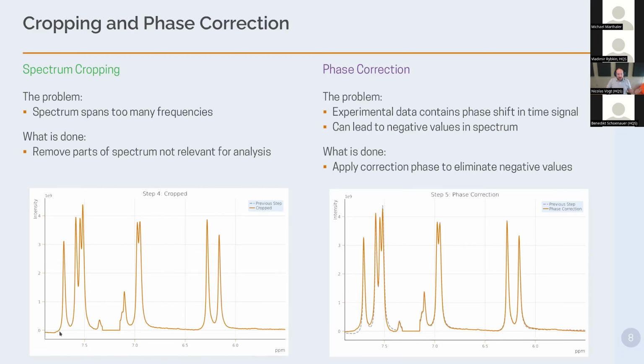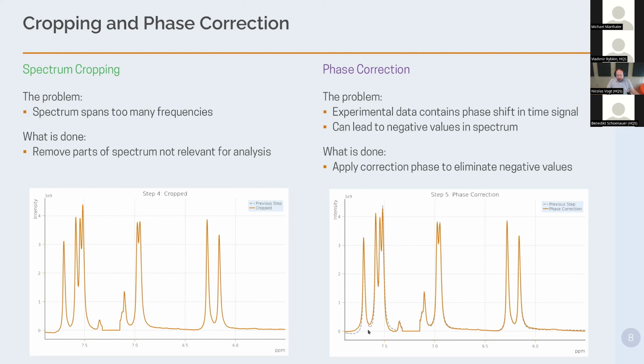And the reason you see negative values here is that you can have a phase mismatch. So in an NMR experiment, you send in pulses, magnetic pulses, to excite the material, and then you read out the magnetic response with an antenna. And if there is a slight mismatch in the phase of antenna and pulse you send in, you can get these negative artifacts, and you need to correct for this additional phase that might be in there, and this can be done.